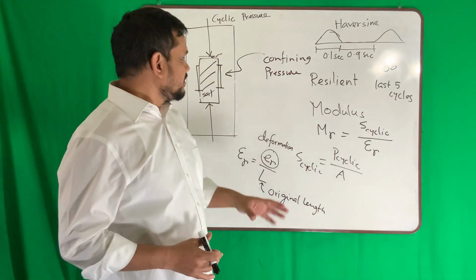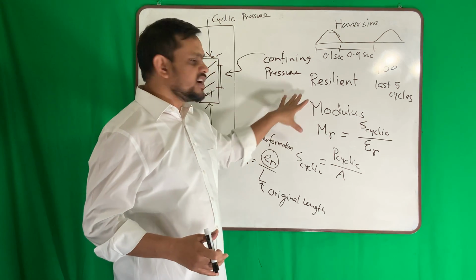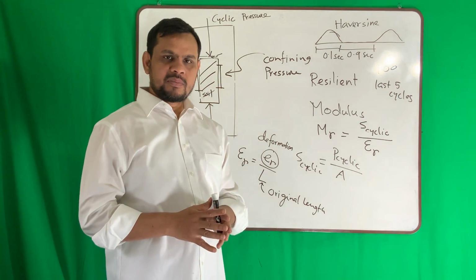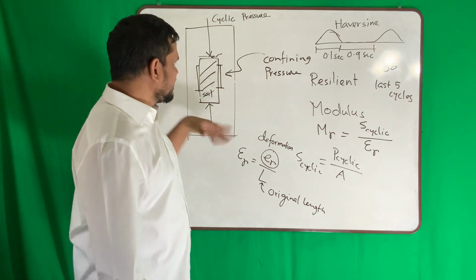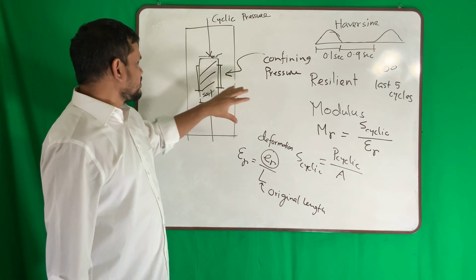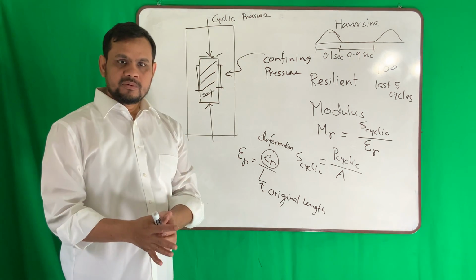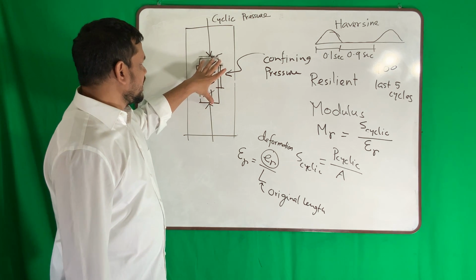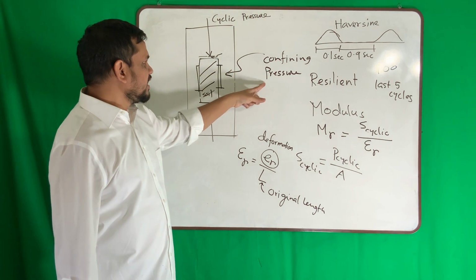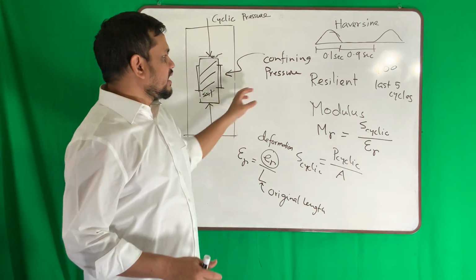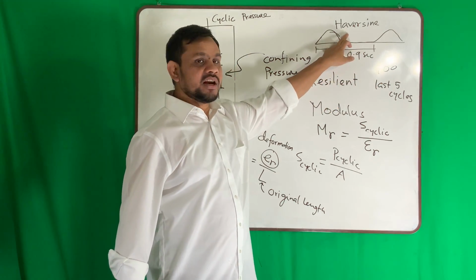In my last video, I discussed the resilient modulus of soil or aggregate, and I'm revising that again here. I did not delete it. In that test, we prepare a sample, compact it in 3 layers, put it inside a chamber, apply confining pressure and cyclic pressure, and we apply 100 cycles of load.